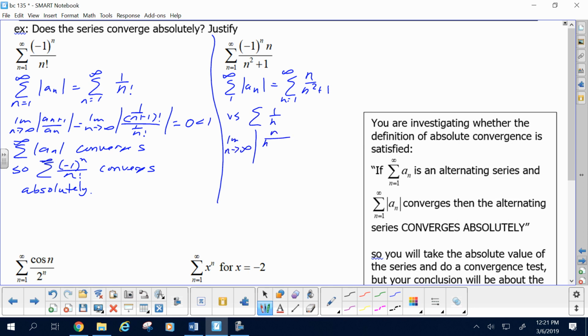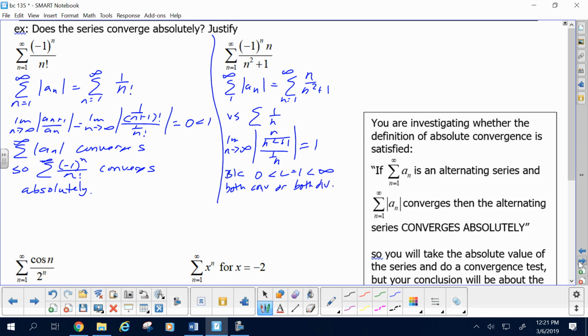n over n squared plus 1 divided by 1 over n. What is that limit going to be? Feel free to just do it mentally instead of showing all the algebra. It'll be 1. So we would conclude something like, because the limit is 1, there is a correspondence between the terms, and therefore both converge or both diverge.